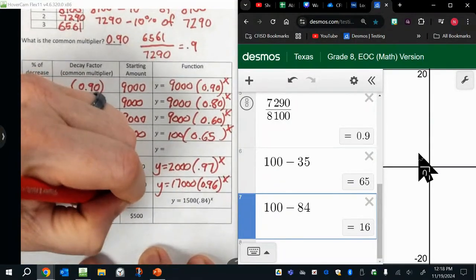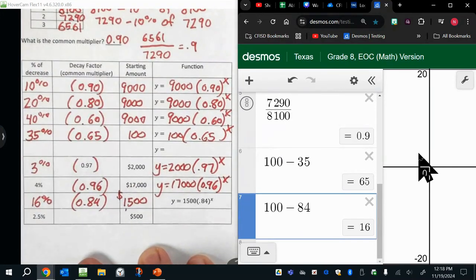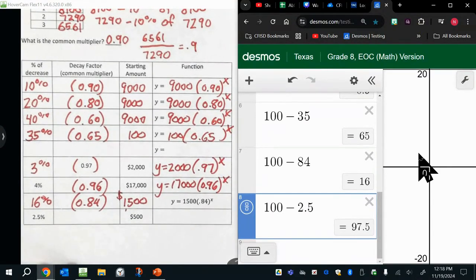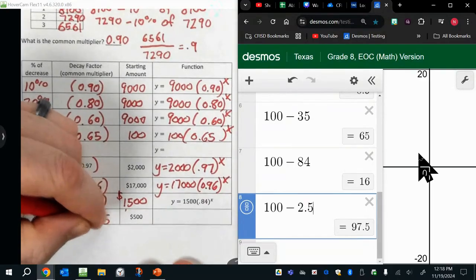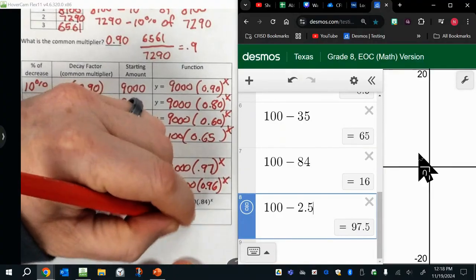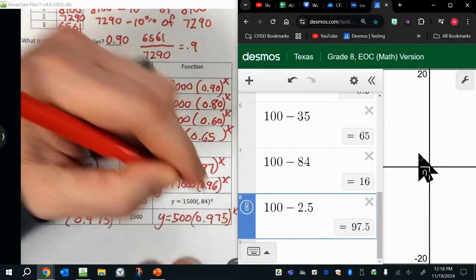And if it's 2.5%, you can think of it like this: 100 minus 2.5 is 97.5, so we're going to write it this way, 0.975. So y equals 500 times 0.975 to the power of x, because you're always taking it away.